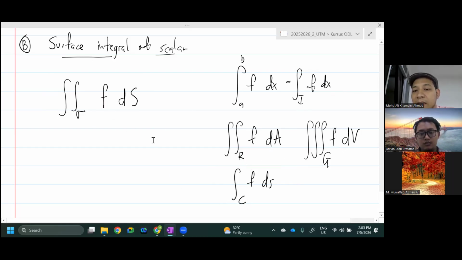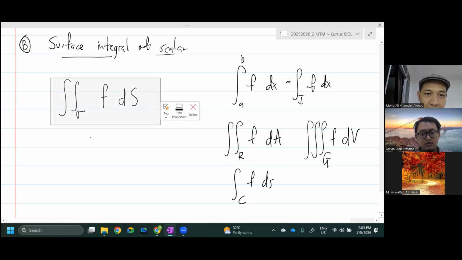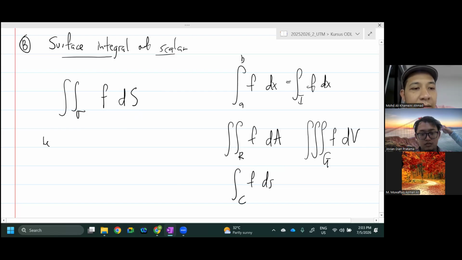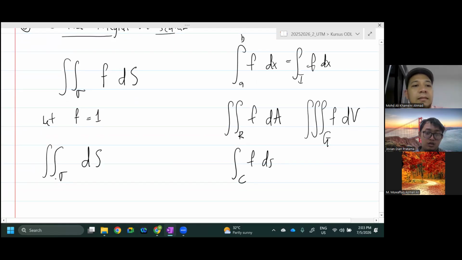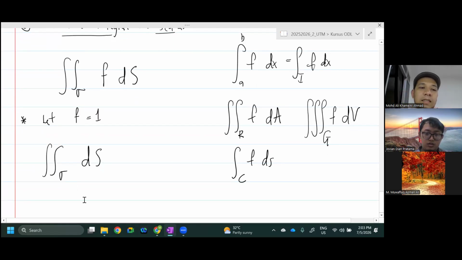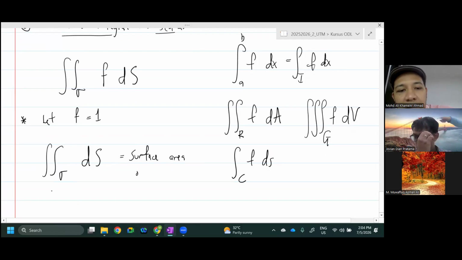Similarly here, if the function equals 1, you compute the length of the curve C. So if you let our scalar function here equal to 1, you reduce the surface integral as follows: the integral of ds. So what is this? This is the surface area of sigma, just roughly speaking.